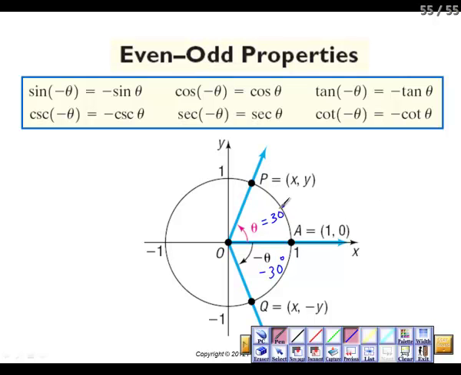Or in this case, this looks more like 60, so we'll use that. Theta was 60 degrees, and this would be negative 60 degrees. But it doesn't have to be 60. I just use 60 because it looked closer to 60 degrees.